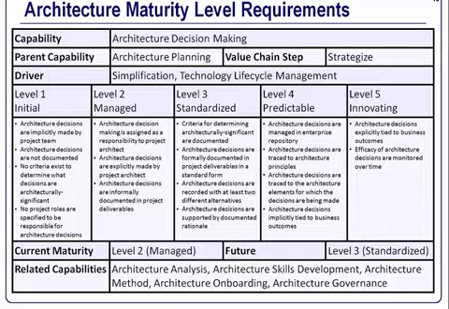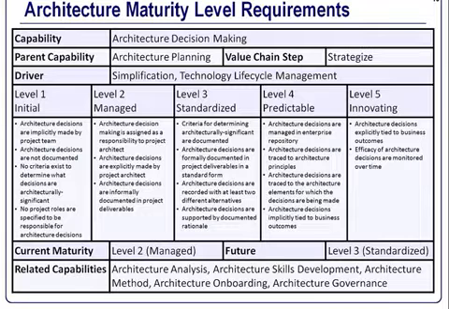In level 5, they're explicitly tied to outcomes, and we actually monitor the efficacy of our decisions over time, because of course that's one of the big things that is important: just because you made a particular decision 2 or 3 years ago does not mean that it's a good decision now.